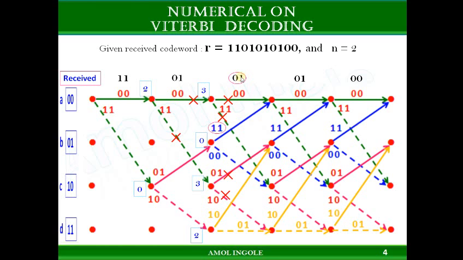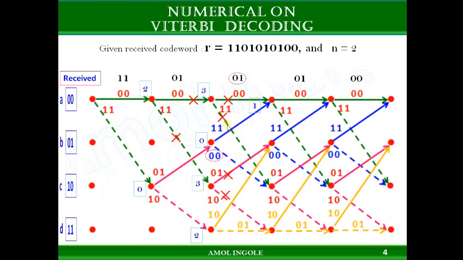Hamming distance is 1. Again, that Hamming distance will be added with the previous one, which is 0. So this 1 plus 0 is equal to 1. So this is the path metric for this path now, from here to here. For this entire path, the path metric is 1 here.